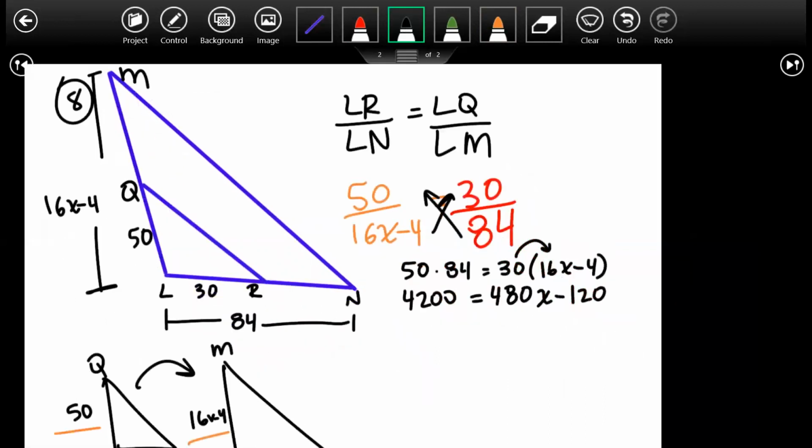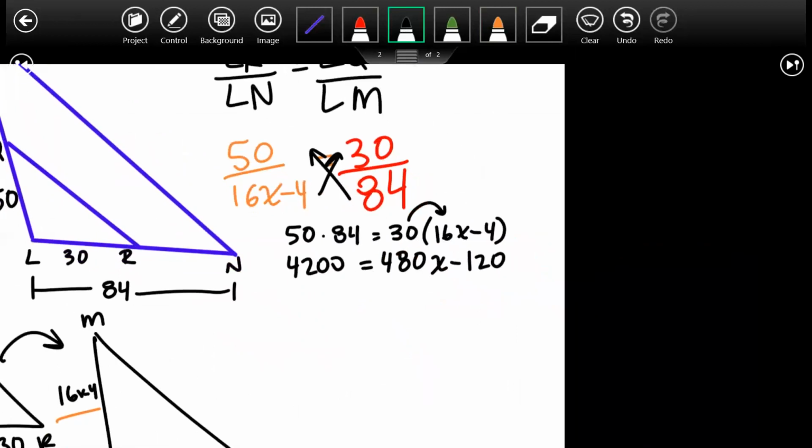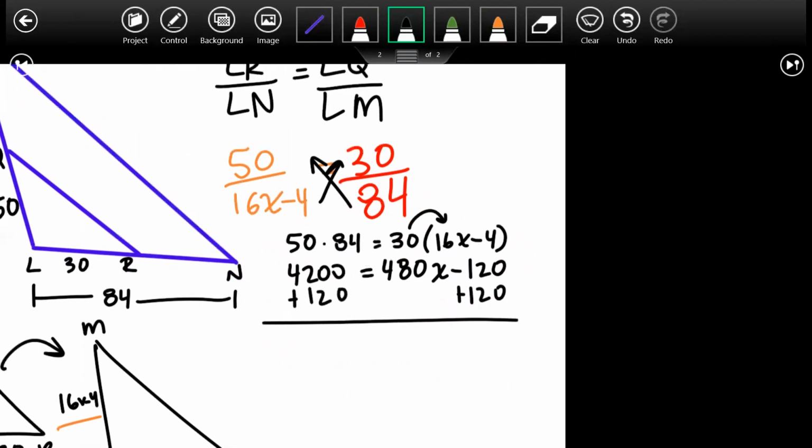And all we got to do is just solve this out completely. We're going to add 120 to both sides. That gives 4,320 equals 480x.